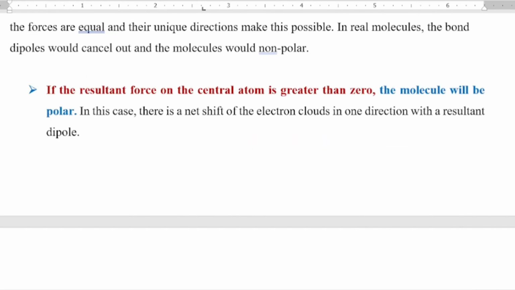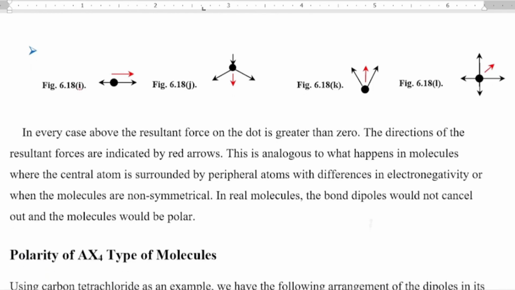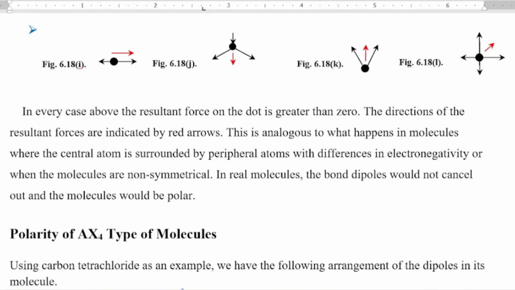If the resultant force on the central atom is greater than zero, the molecule will be polar. In this case, there is a net shift of the electron clouds in one direction with a resultant dipole. Let's look at these examples. There's a black dot, with a vector moving in this direction and one in that direction. But this vector is bigger than that vector, therefore there will be a resultant force moving in that direction.